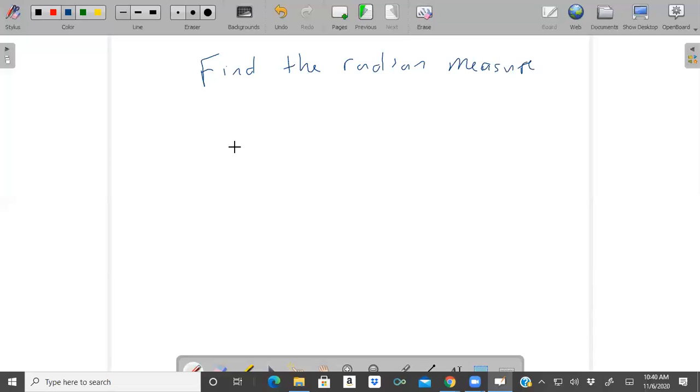Or if you were given a radius of, let's say, 14 feet, and then an arc length. So I'm going to use S. Remember, S is arc length, of 8 feet.